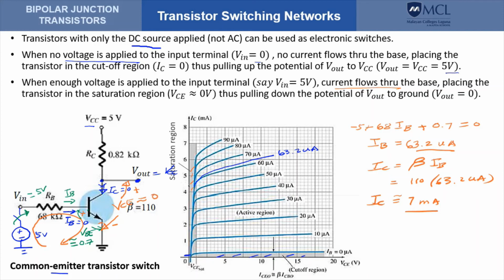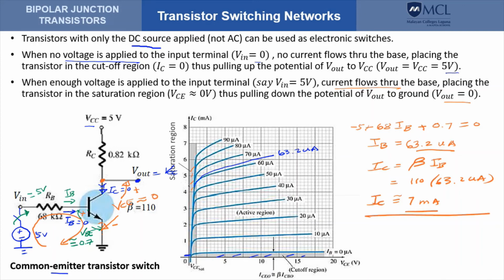That will pull this terminal here to ground, so that V out is approximately equal to 0.